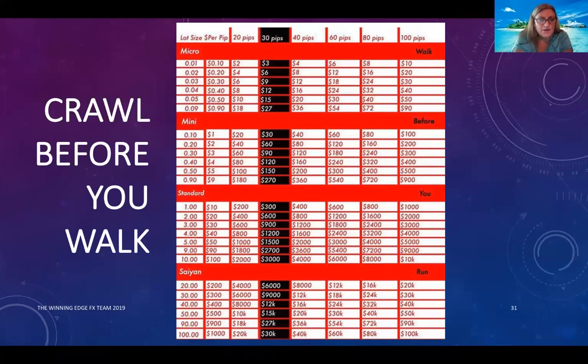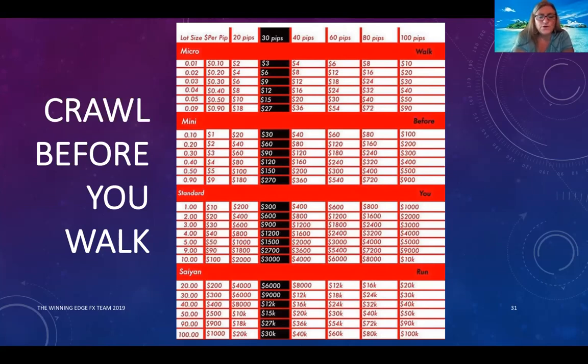A nano, a micro, a mini, a standard, and the cent, which I call ridiculous, because it's just so out of the realm of normalcy. That's what banks and things use. But anyway, the micro lot, you'll see there, 0.01 equals approximately 10 cents. And these are approximate numbers. We just use them as a guideline.